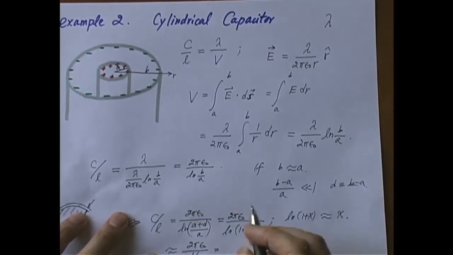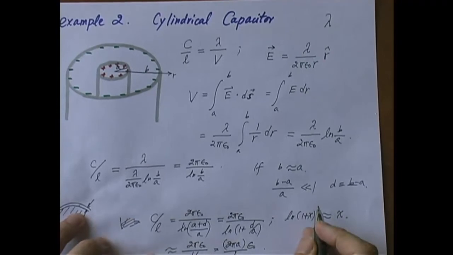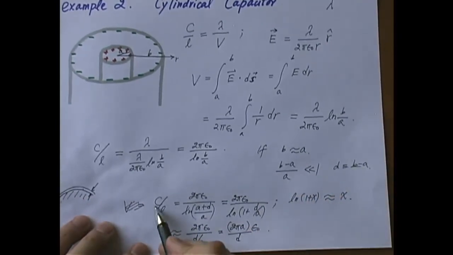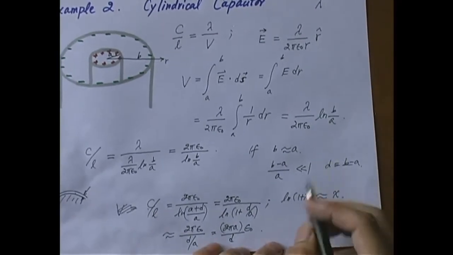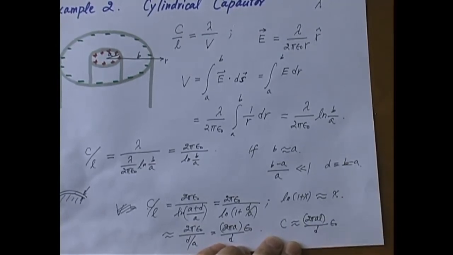And let me flip it: that is 2 pi A times epsilon naught over D. If you move that L over, things will even get better. Therefore, C is roughly equal to 2 pi A L over D times epsilon naught, right?